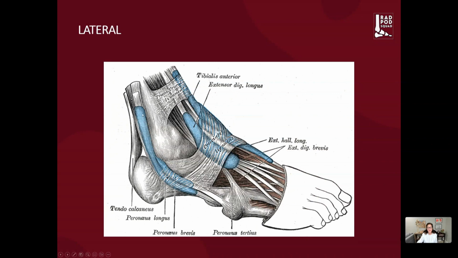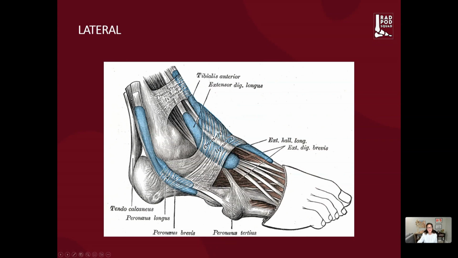Here we can take a deeper dive and understand that the brevis is superior to the longus at the level of the peroneal tubercle. The peroneal tubercle serves as a bone that will decussate and distribute the forces of the brevis and the longus. The longus is going to take a turn not only past the lateral malleolus, which is its first pulley, but then it's going to dive deep underneath the calcaneus, getting towards the base of the first metatarsal.